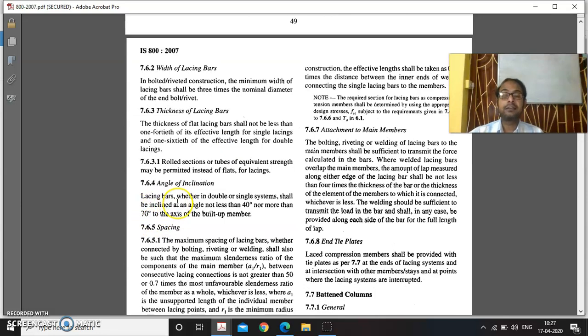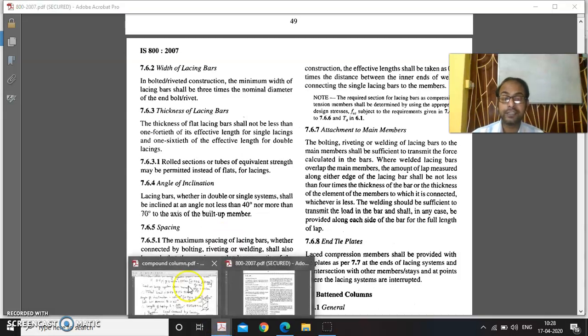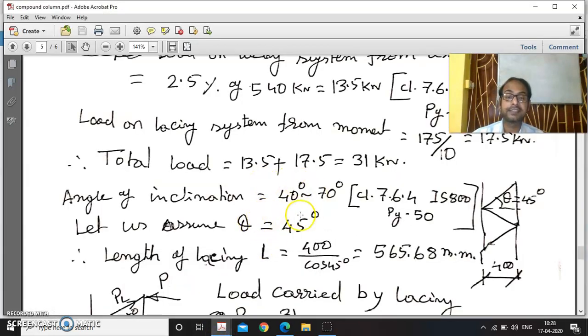The lacing bar, whether in double or single system, shall be inclined at an angle not less than 40 degree nor more than 70 degree to the axis of the built up member. So the code has mentioned to take the angle of inclination within 40 to 70 degree. Here for convenience we have taken it as theta, assumed as 45 degree.